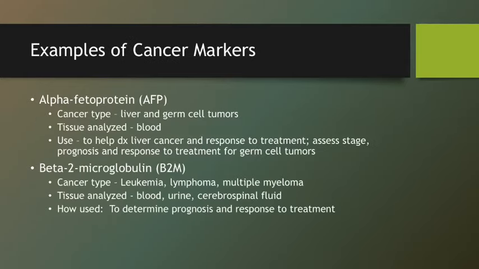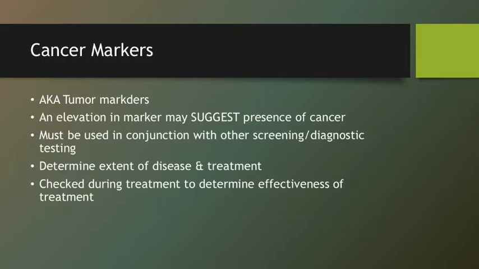Examples of cancer markers. These are things that we talk about. Cancer markers are also known as tumor markers. Okay, and these are blood tests, or you can test urine or cerebrospinal fluid. You can actually test a lot of different kinds of fluids and tissue for cancer markers, and an elevation can suggest a tumor or a malignancy.